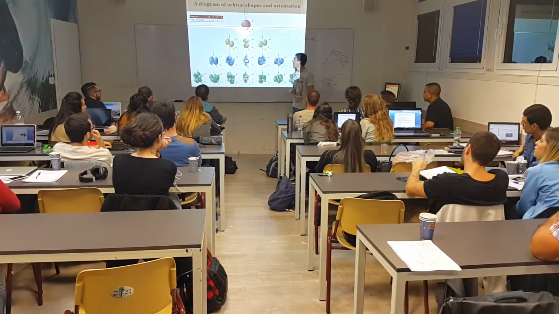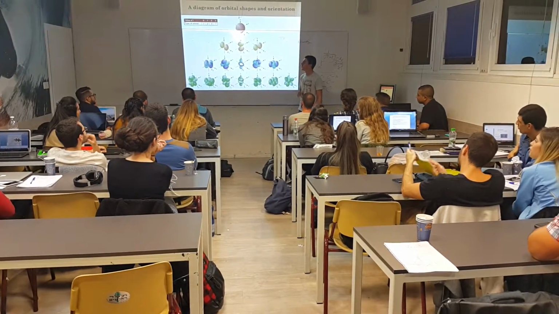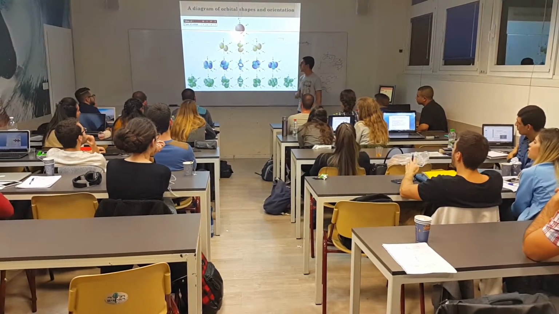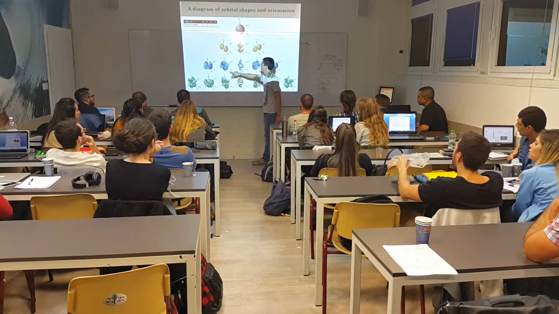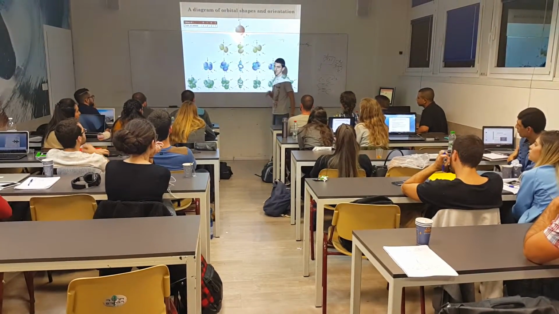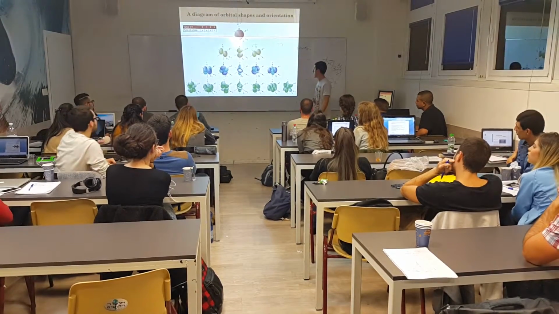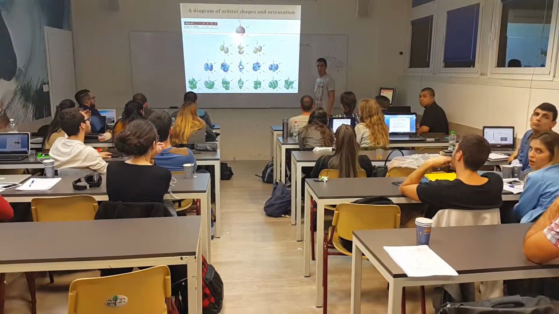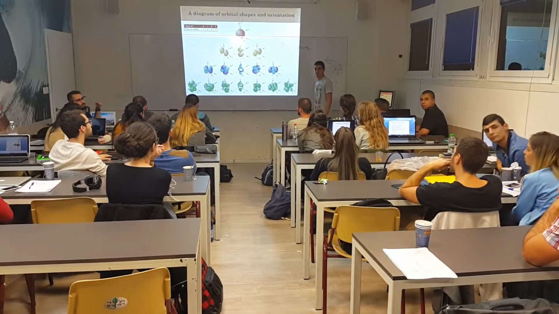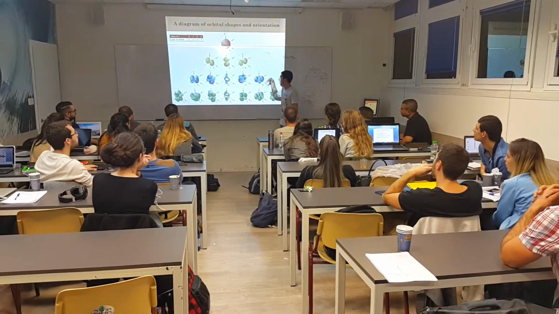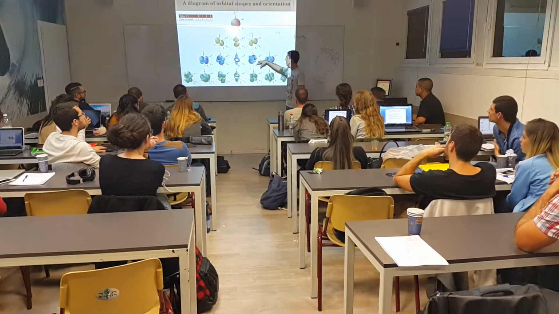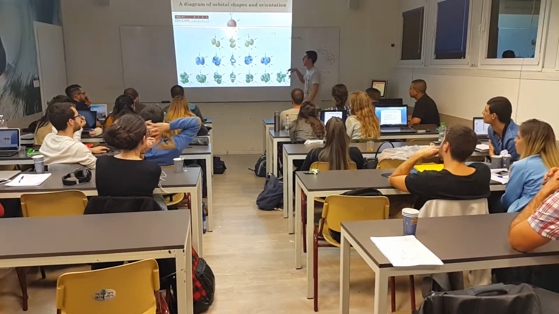With the d orbital, we have 5 different values: -2, -1, 0, 1, and 2. We have 5 different values, 5 different orientations in space of the orbital. It's not the same shape; 4 of them are the same, but one is different. Sorry, it's 5 different ones in different orientations in space.